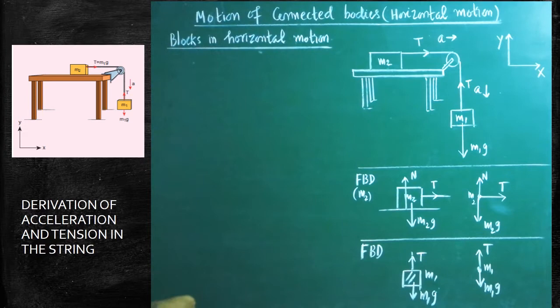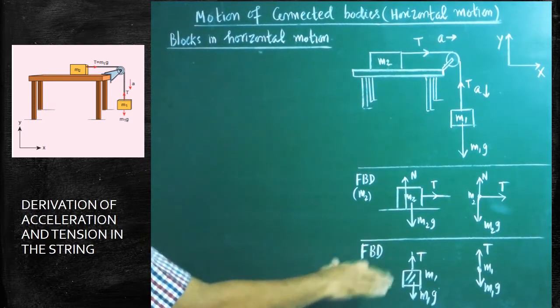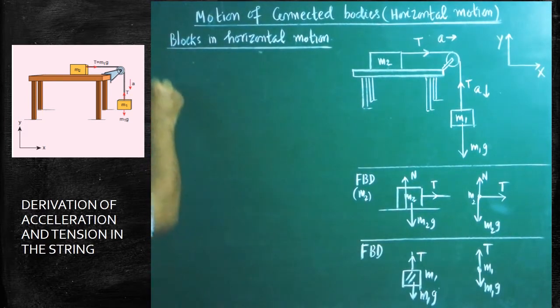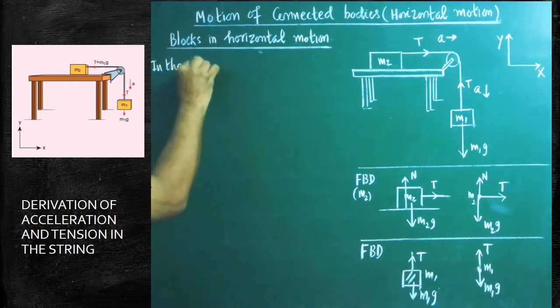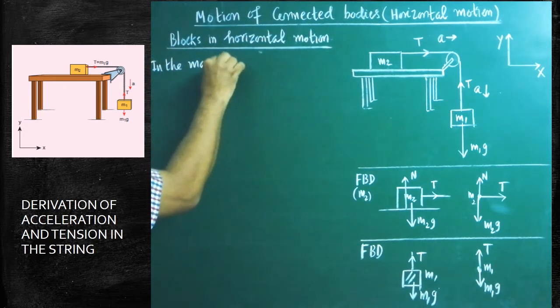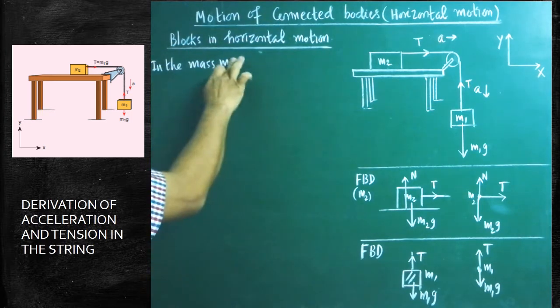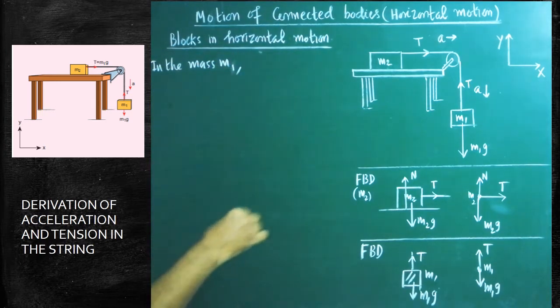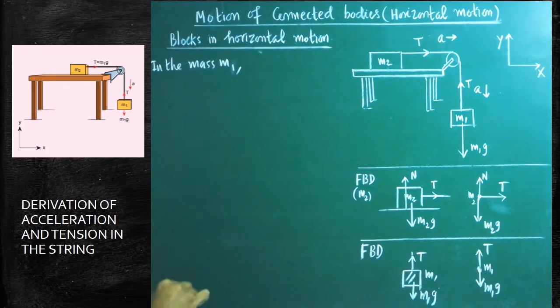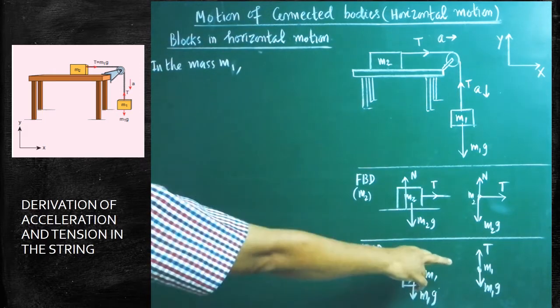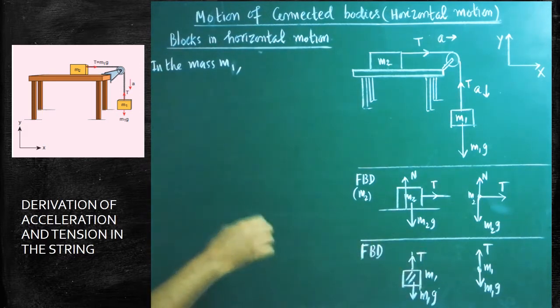So, let us see the analysis of mass M1. We will concentrate only on mass M1. There, how many forces are acting? Look at the diagram. With the help of the free body diagram, we are able to write.